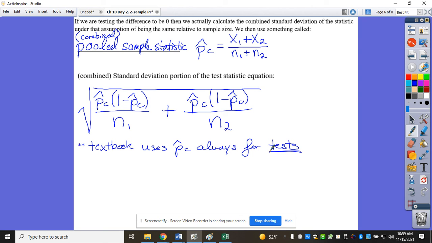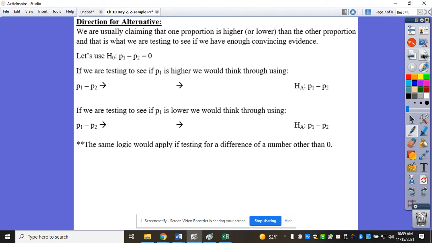Alright, so just thinking through this part, which we shouldn't really need to write, it should be pretty obvious. Let's say this is my null hypothesis. So if we're testing to see if P1 is higher, that means we have a bigger number minus a smaller number.